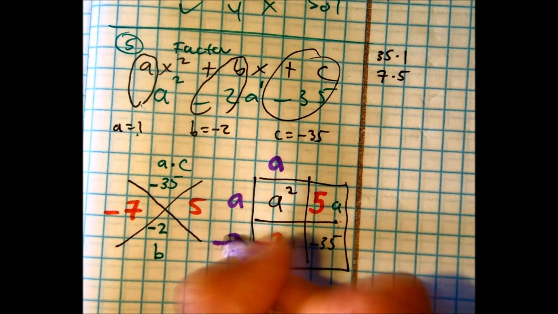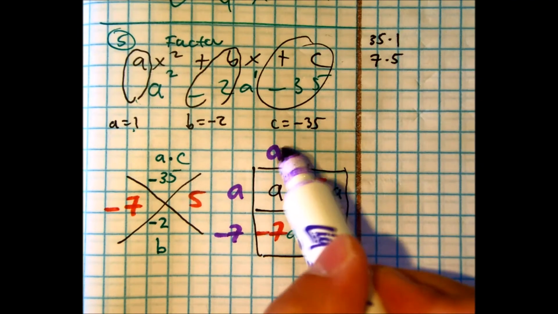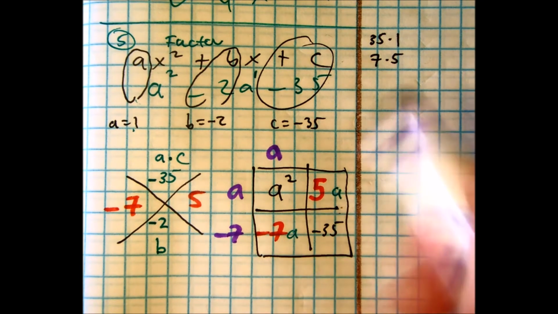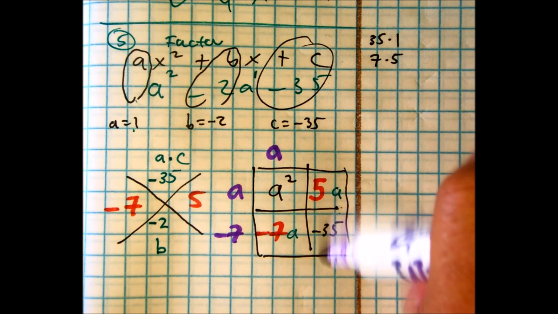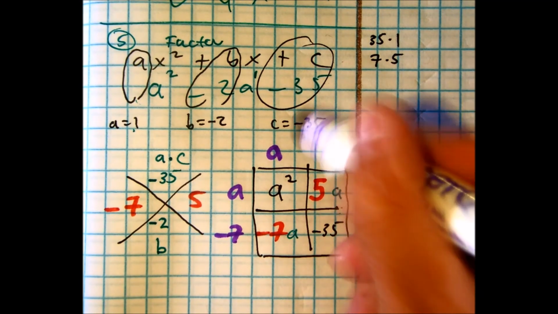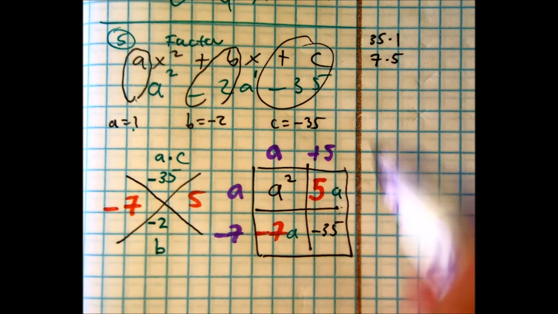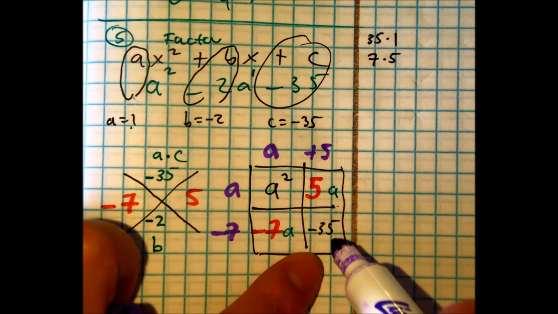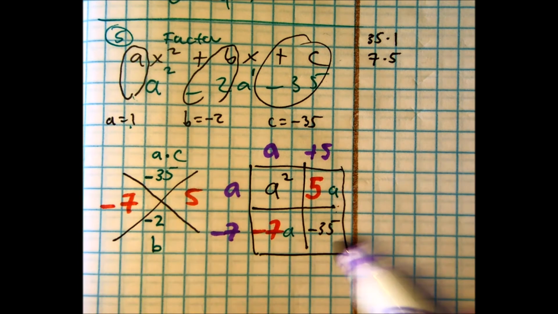Negative 7. Right? Look, A times negative 7 equals negative 7A. What do you think the greatest common factor of this will be? 5. Positive 5. And you can always multiply. A times 5 gives you 5A. 5 times negative 7 gives you negative 35.